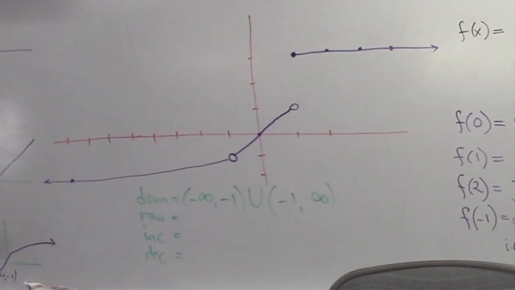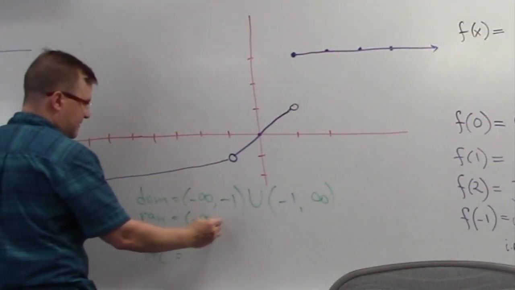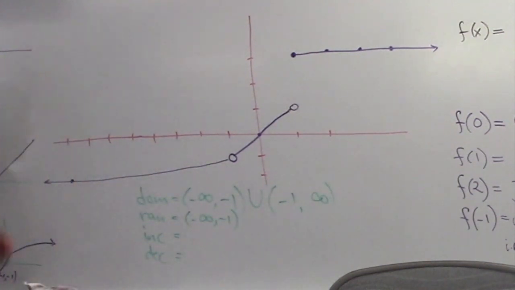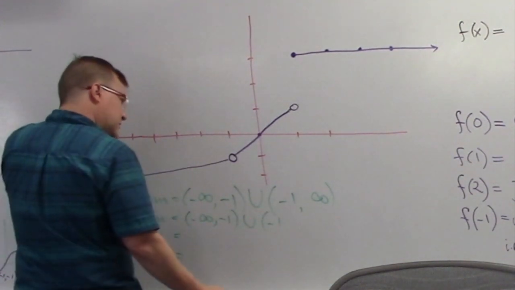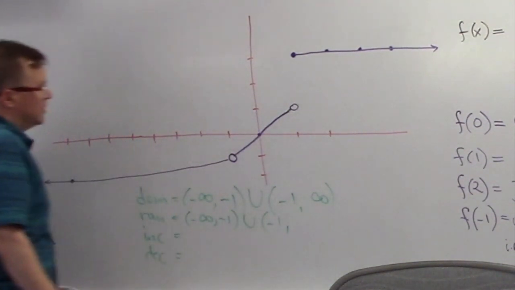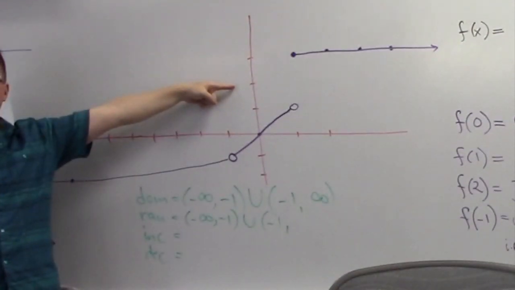And the range? Well, that's an interesting one. Can I take a stab at this? Yeah, go ahead. So, negative infinity to -1, with parentheses, and then a union, and then parentheses, -1, comma 3, bracket. Well, I would say no, because I can't find a point on the graph where 2 is in the range.